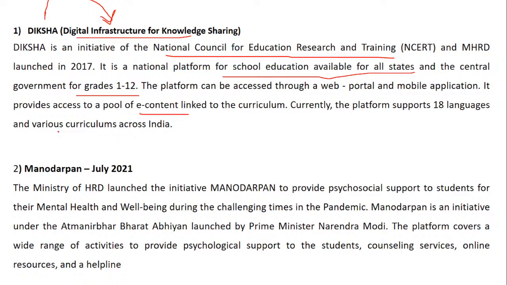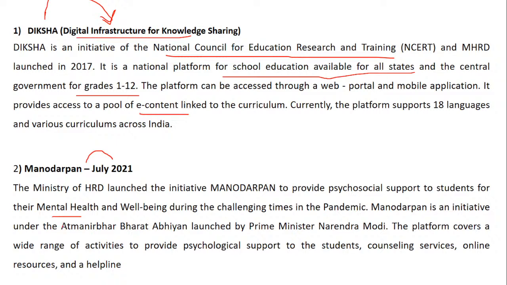Okay. Now Manodarpan, which started in July 2021, that is last year itself, was launched by the Ministry of Human Resource Development. This initiative was to provide psychological support to the students for their mental health. See, Manodarpan, mano means mental. Darpan, it means some type of burden. So in order to ease that burden, this was actually started, especially dealing with the challenging time, that is the pandemic.